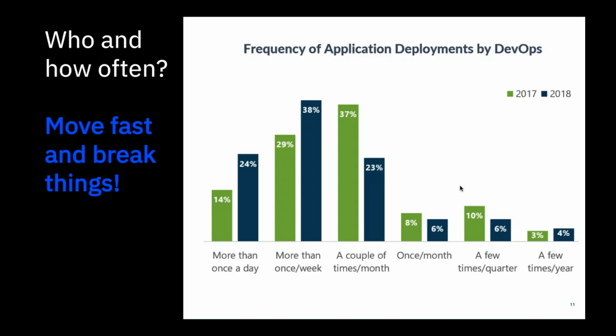So first of all, everybody's running fast, but they're running faster, and they're expecting to run even faster moving forward. If you just look at the green graphs from 2017 versus the blue ones expected in 2018, everybody is expecting to run faster. So if you ran a few releases a month, you're expecting to run more.